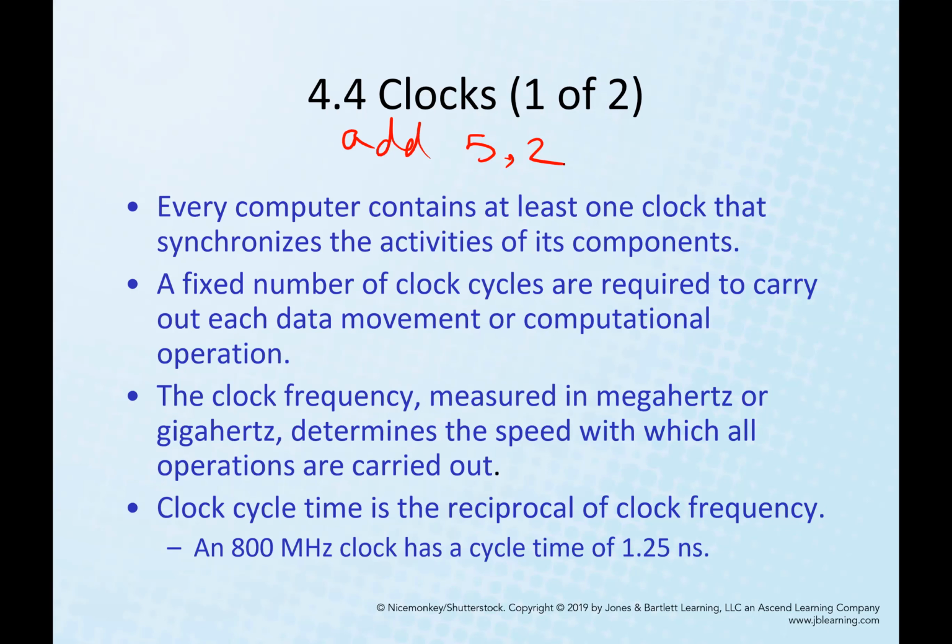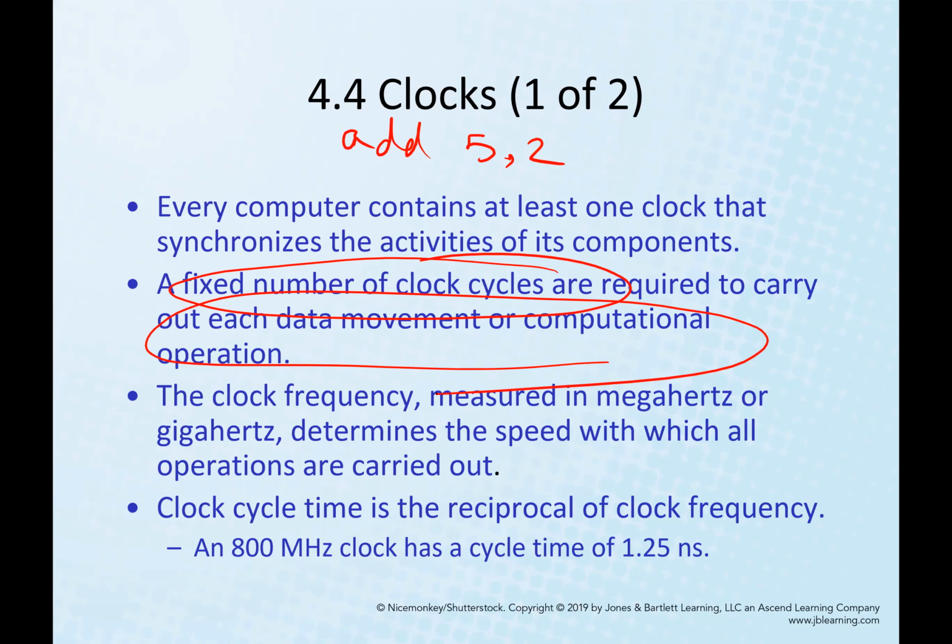In the third clock, ALU will access the register. In the fourth clock, ALU will add them. In the fifth clock, ALU places the result in the register. So we need a fixed number of clock cycles in order to carry out each data movement. Okay, so each data movement or computational operation requires a fixed number of clock cycles.